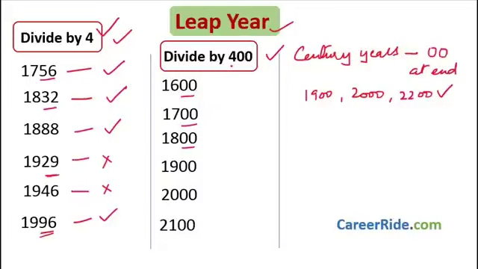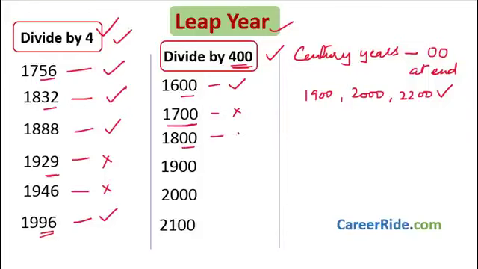For the century years, the division is by 400. Okay. So 1600, is it completely divisible by 400? Yes, it is. So it is a leap year. 1700, is it divisible by 400? No, not a leap year. 1800, completely divisible by 400?